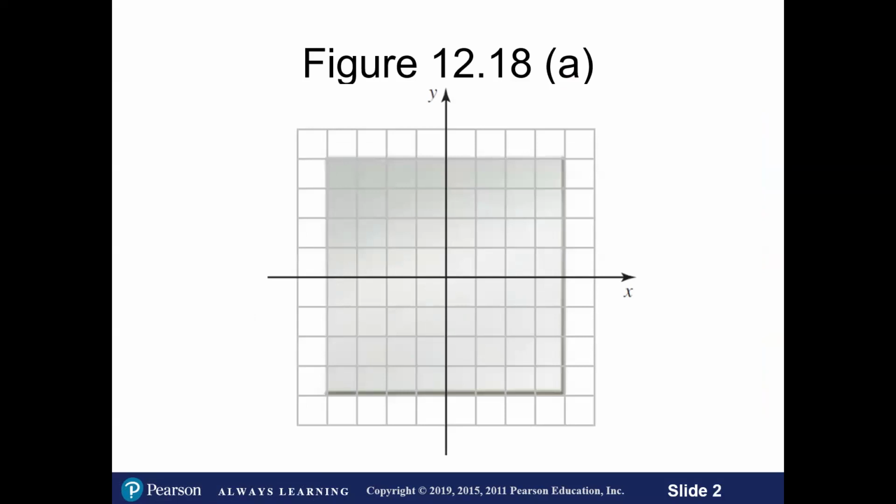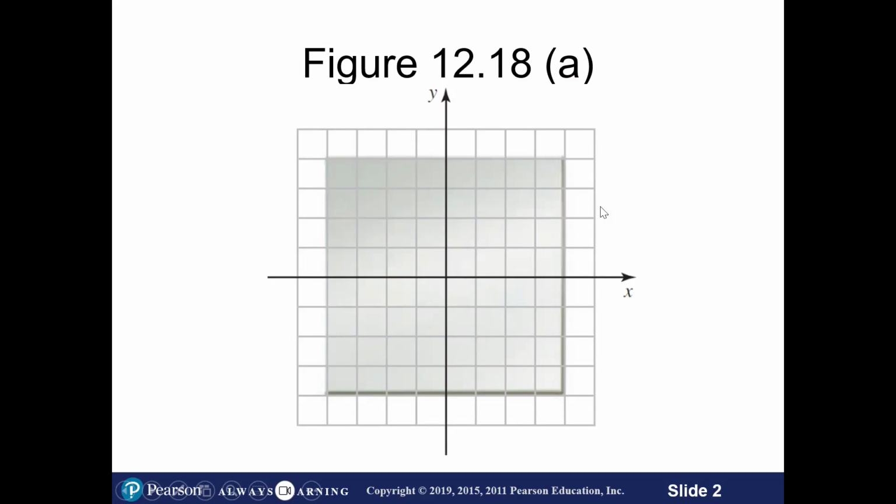And then any point that we want to get to, say the point 1, 1 in Cartesian coordinates, we're referring to how far along the x-axis and how far along the y-axis we move and in what direction.